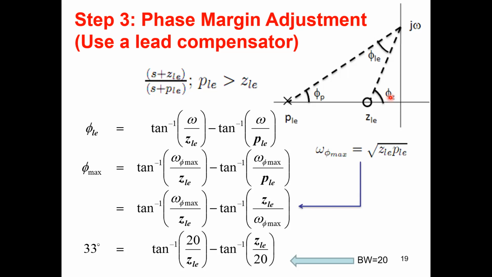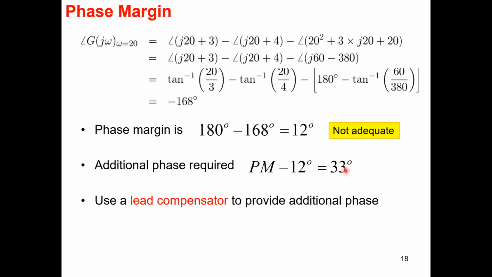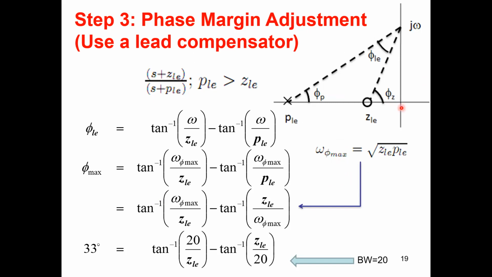So with that understanding, with that intuition, now you can say that we want to add 33 degrees using this lead compensator, 33 degrees for a 20 radians per second signal.